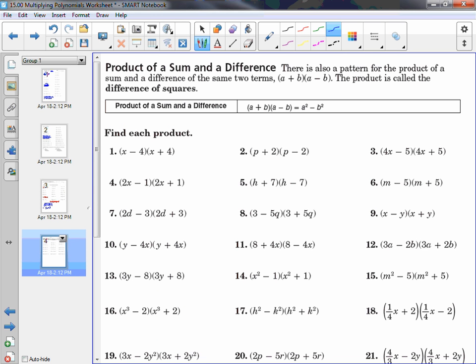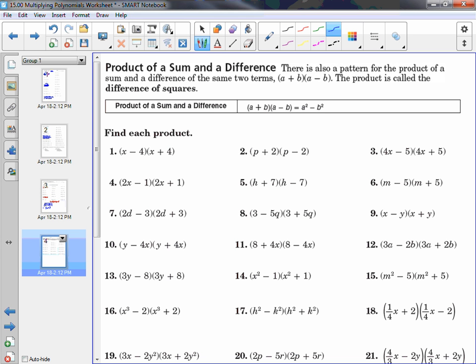And the last thing we're going to work on today: product of a sum and a difference. These are all binomials, and look what they are. Just look at the worksheet for a second. Notice that the two binomials are identical except for the sign between the terms, okay?